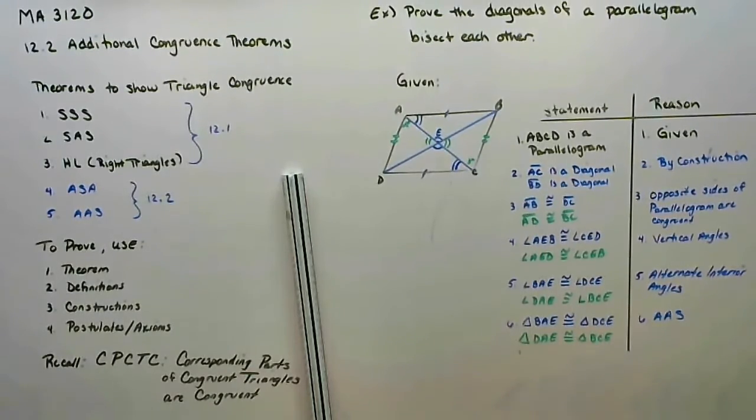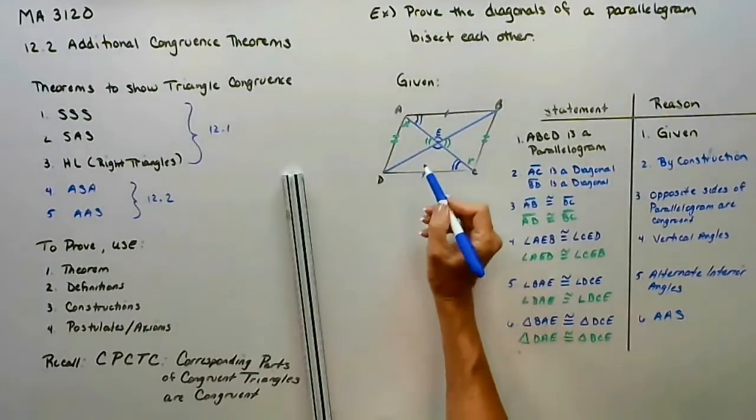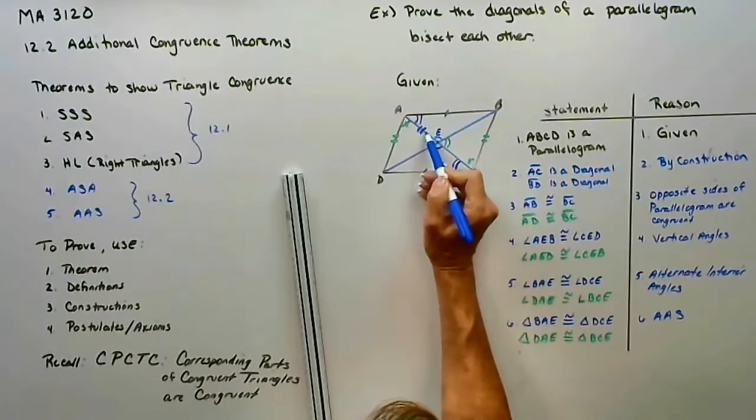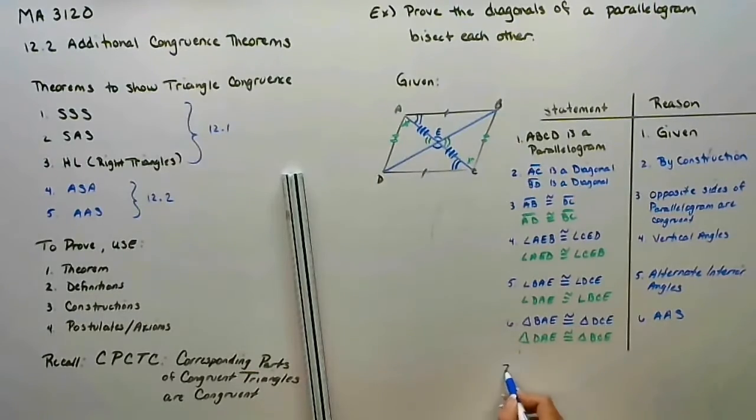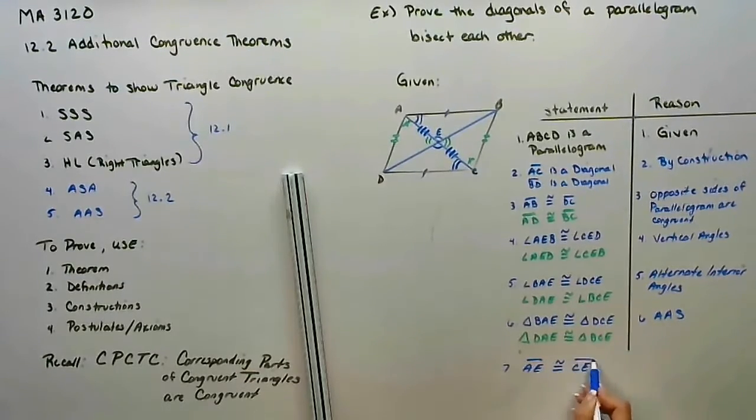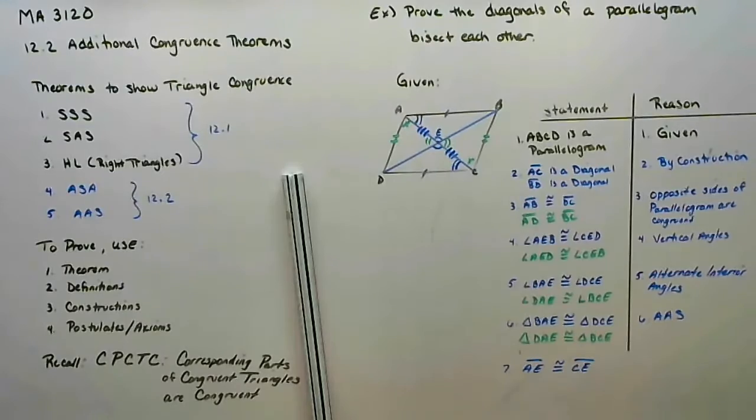So if I stick with the ones that first start in blue, I can now say AE is congruent to CE, or if I look at the other direction, I can say DE is congruent to BE.